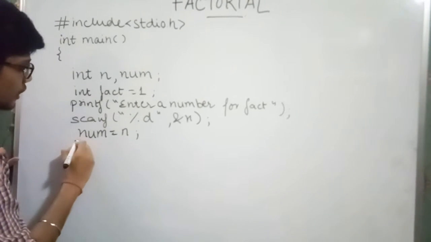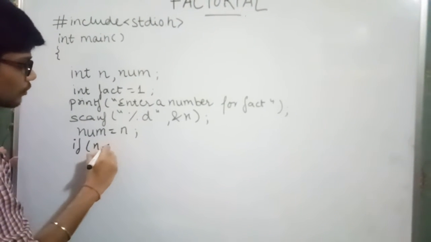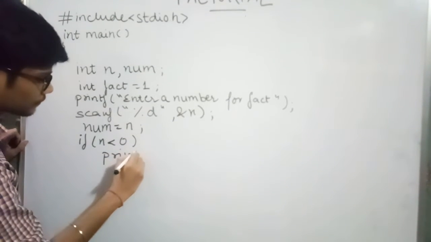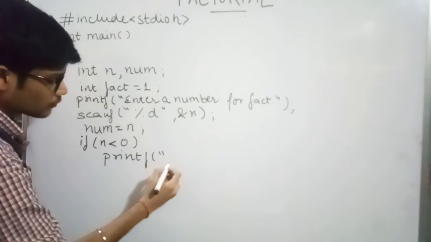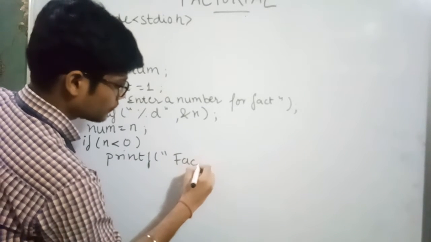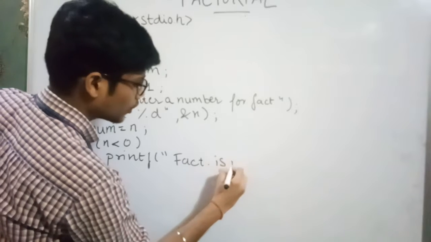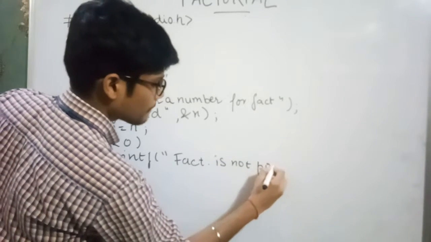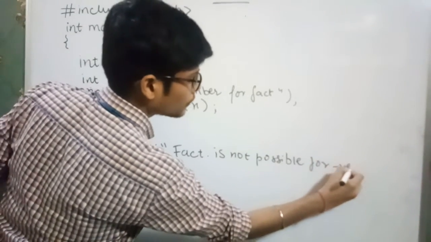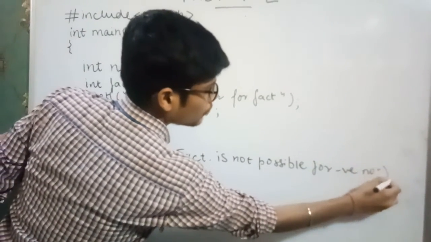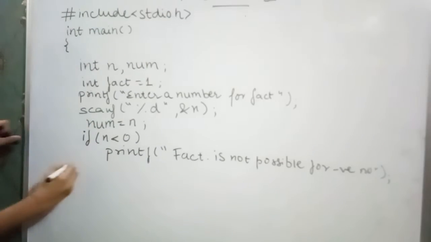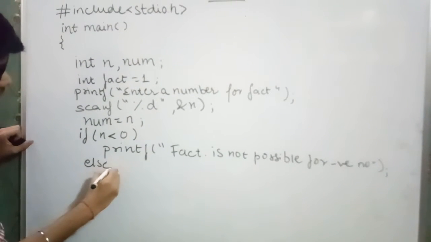So we will put a condition: if n is less than 0, then printf "factorial is not possible for negative number". Okay, so if this condition fails, then we can do else.